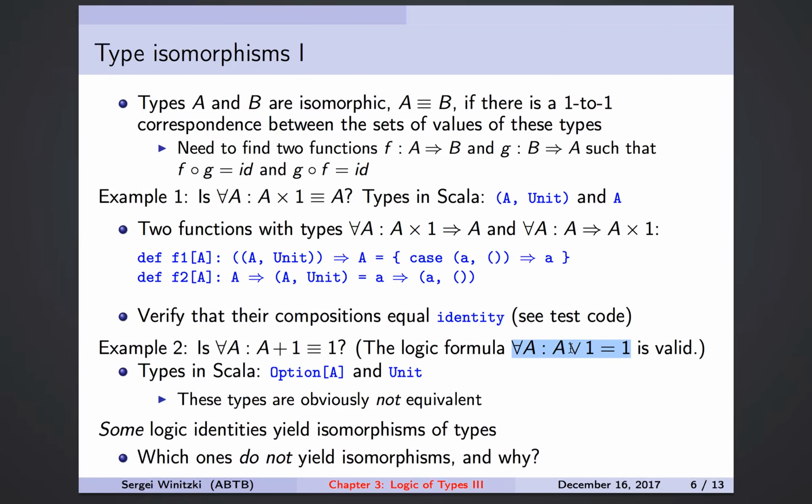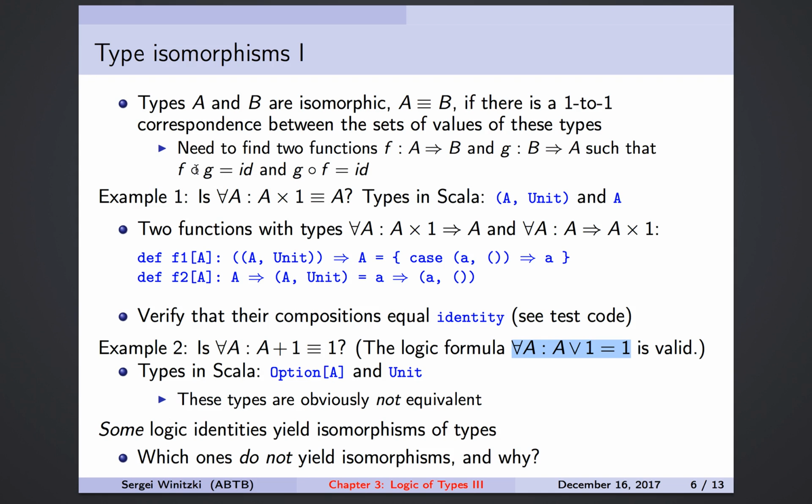Yes, we can write two functions that map Option A to unit and unit to Option A, or Either. Actually, more precisely, this should be an Either of A and Unit. Option A is equivalent to Either of A and Unit. So yes, we can implement functions of these types, but the composition of these functions is not the identity function.